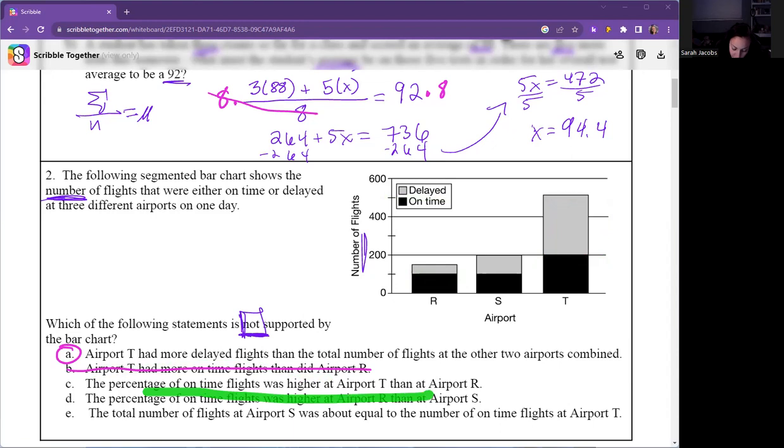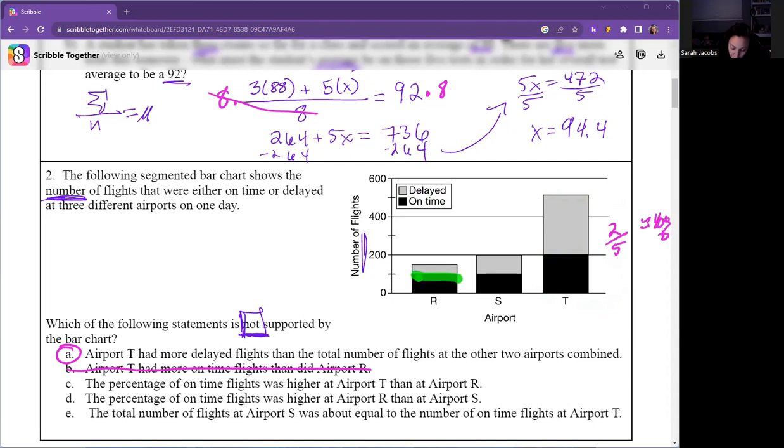C, the percentage of on-time flights was higher at Airport T than at Airport R. So the percentage of on-time flights at Airport T looks to be about 200 out of 500. So 200 out of 500 would be about 40%.